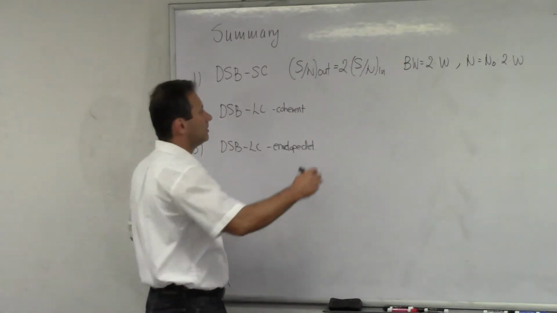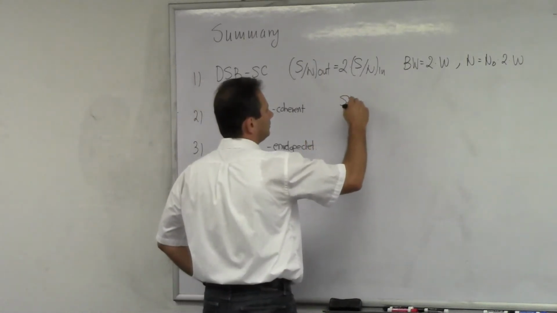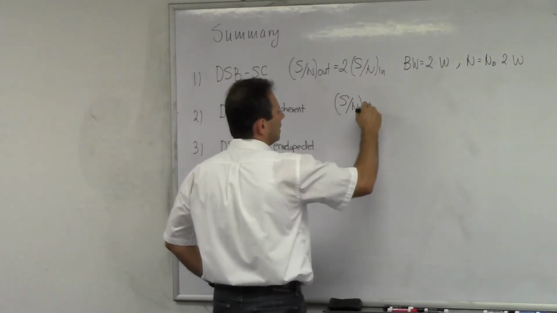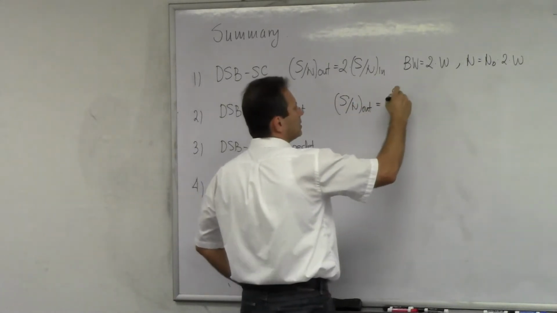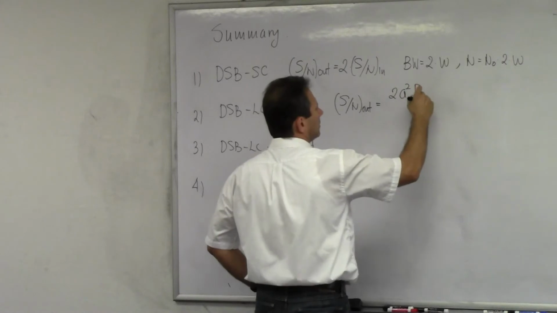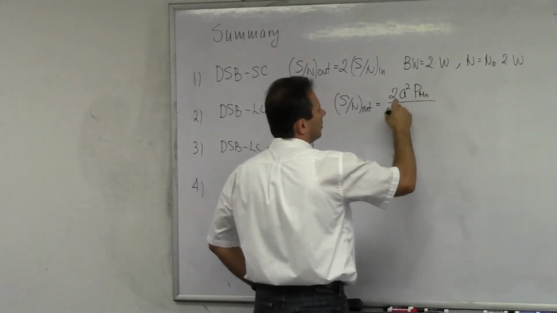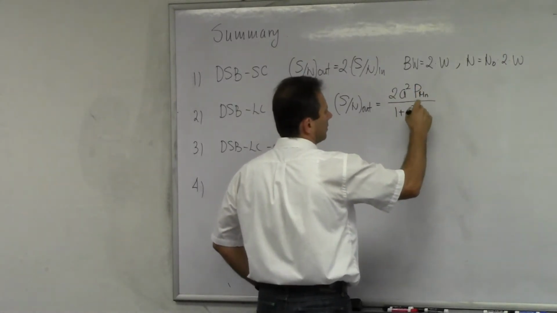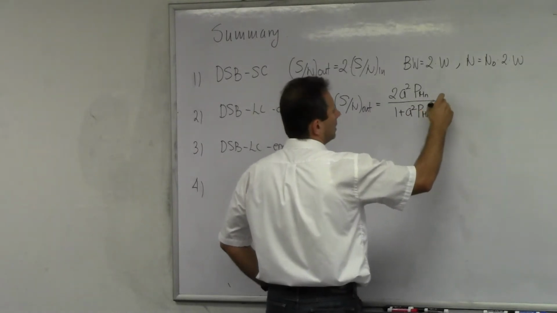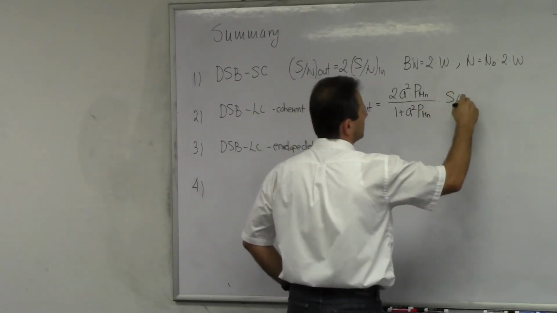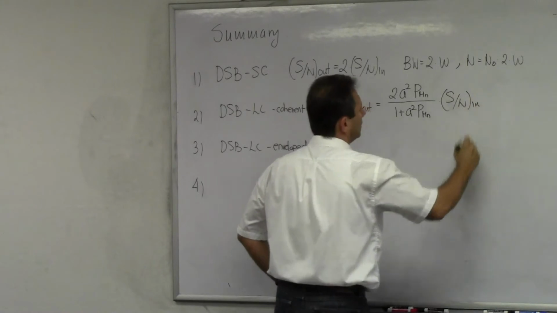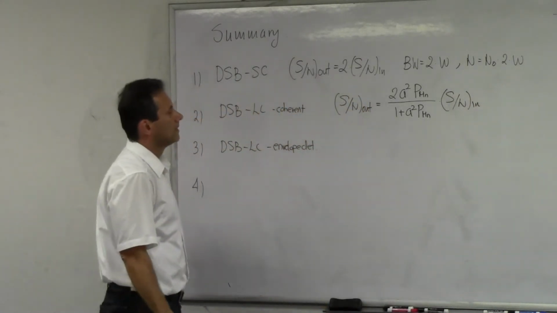But in this case, we obtained that your signal to noise ratio at the output was 2 times A squared power of the message signal normalized, over 1 plus A squared power of the message signal, and then times signal to noise ratio at the input. Okay?